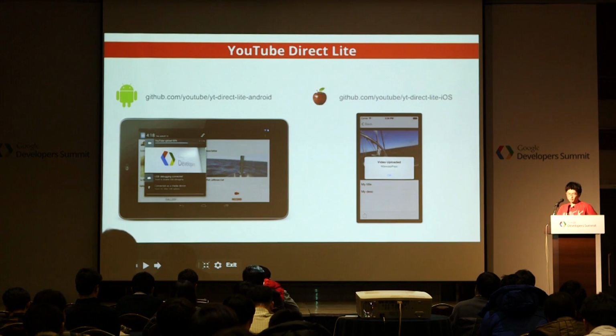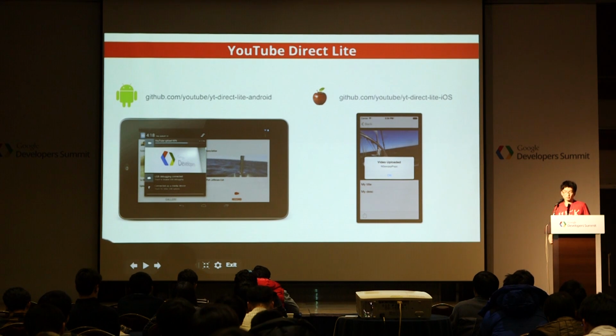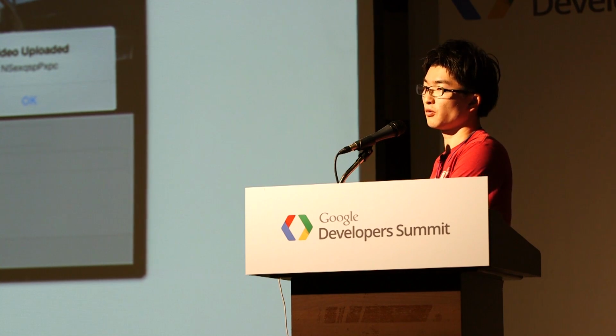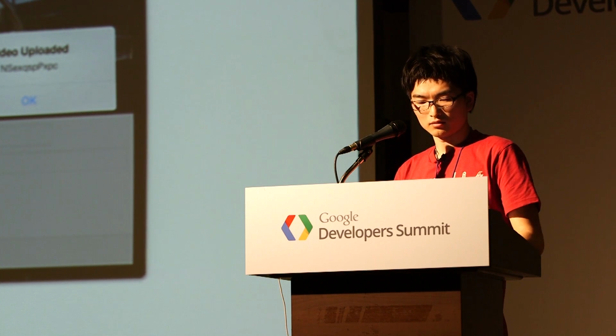And if you want to try some samples using the YouTube API, especially for uploading videos, please find these two samples. One is YouTube Direct Lite for Android, and the other is that for iOS.